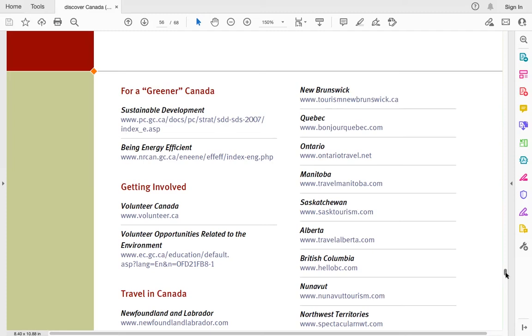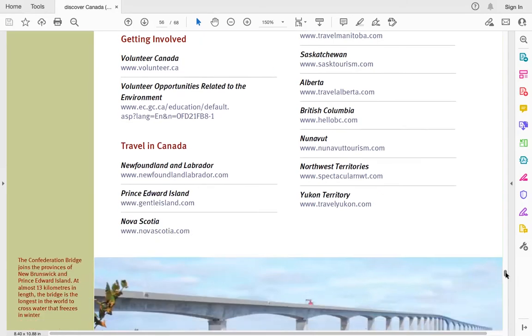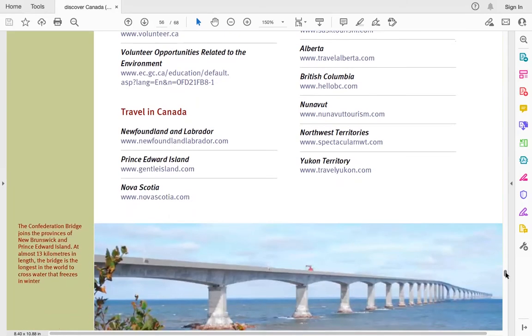Nunavut, www.nunavuttourism.com. Northwest Territories, www.spectacularnwt.com. Yukon Territory, www.travelyukon.com.